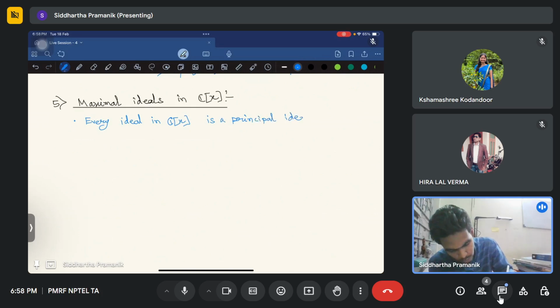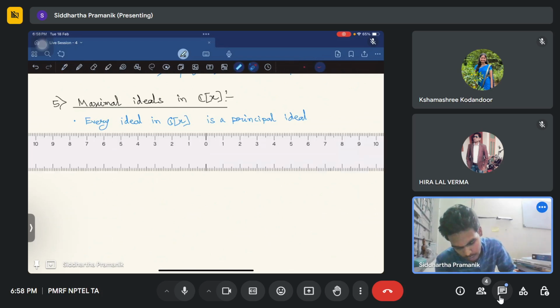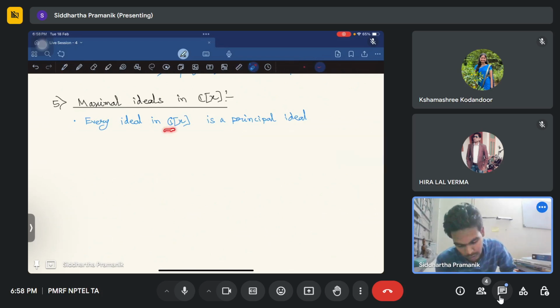That is something we have seen in the lectures. So every ideal is generated by a single element because C is a field. If you take a polynomial ring over a field, then that is a principal ideal domain. So you will see this in the next lectures, that C[x] is a principal ideal domain.